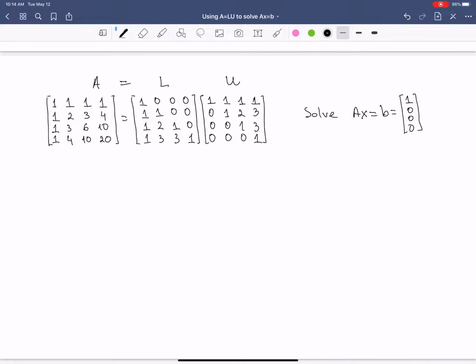But in this example, imagine we are already told that A factors into these two matrices, L and U. So we are given the matrices, and by the way, this is the same Pascal matrix from the previous video. And you see that L and U are really very similar.